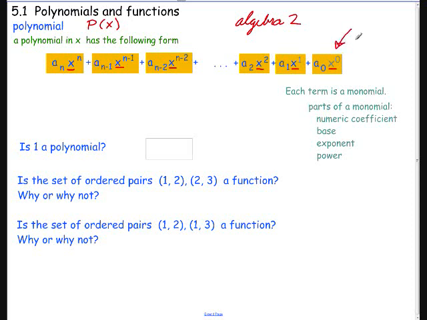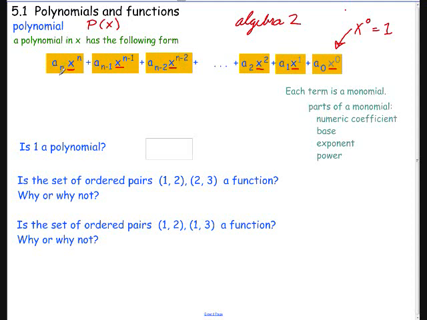X to the 0 is equal to 1. We don't usually write it. But this is the form that all polynomials have. So we just dealt with the x.